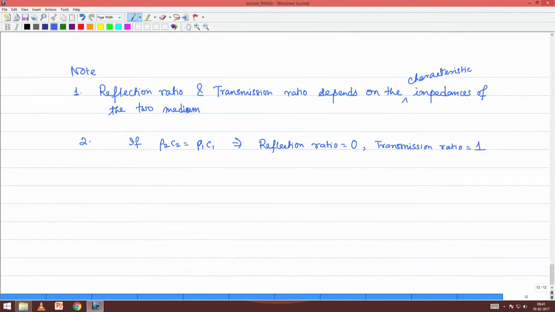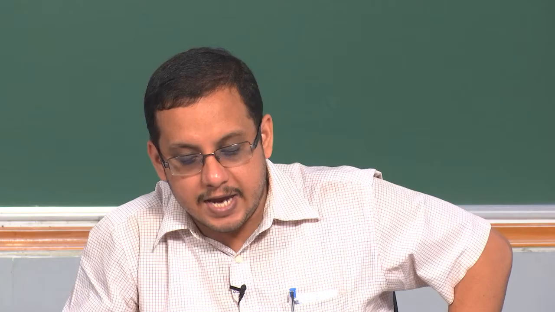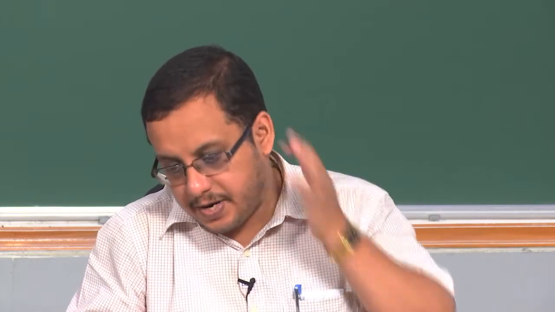So, what we observe is that if the incident wave is normally incident between two fluids such that the characteristic impedances of the two fluids are equal, then there will be no reflection and complete, 100% transmission will happen. This idea is very important in the design of absorbing materials, because by now you know that if there is any boundary, then there will be reflections.